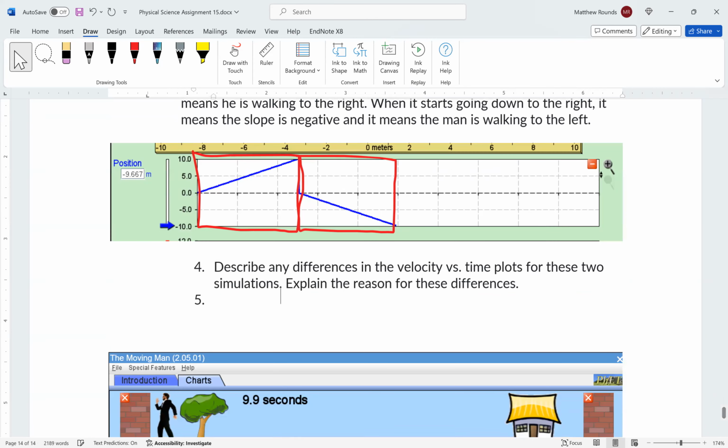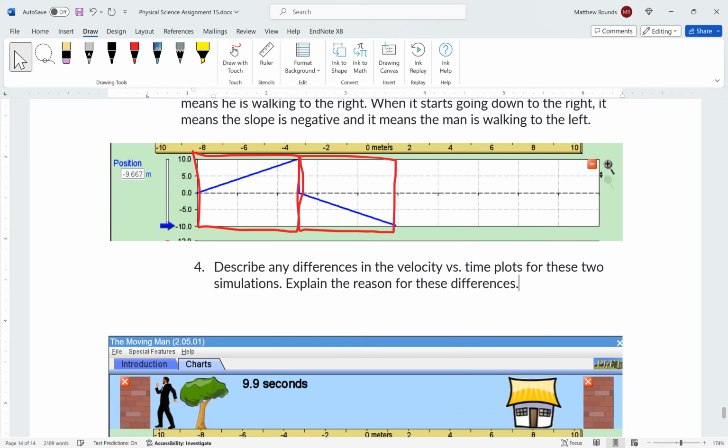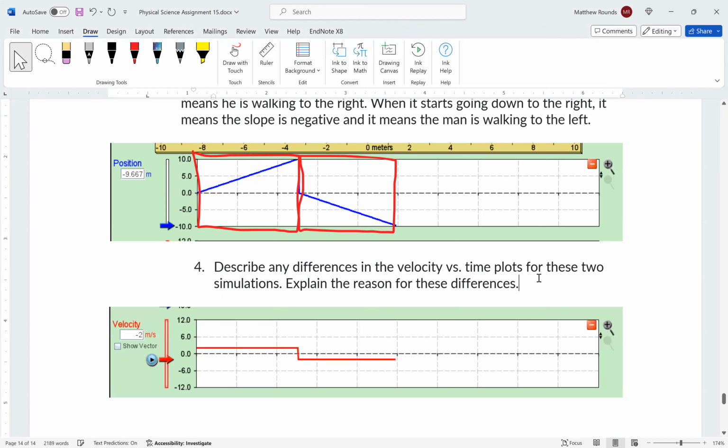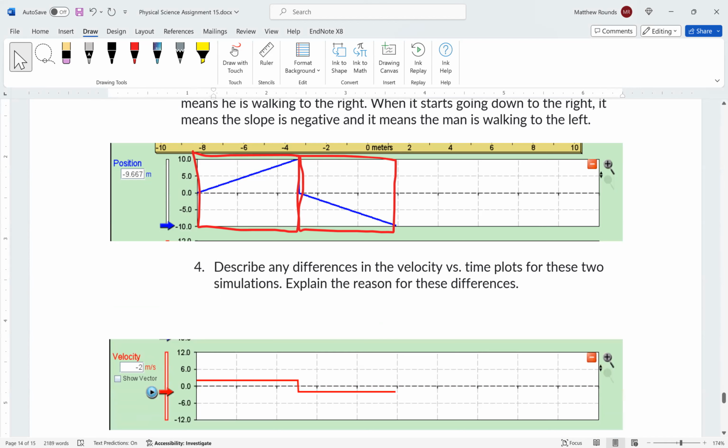Okay. And then we can do the same thing now for velocity. Let me grab a snip of that. This should be a little easier because when he's moving to the right, it's above the x-axis, positive velocity.